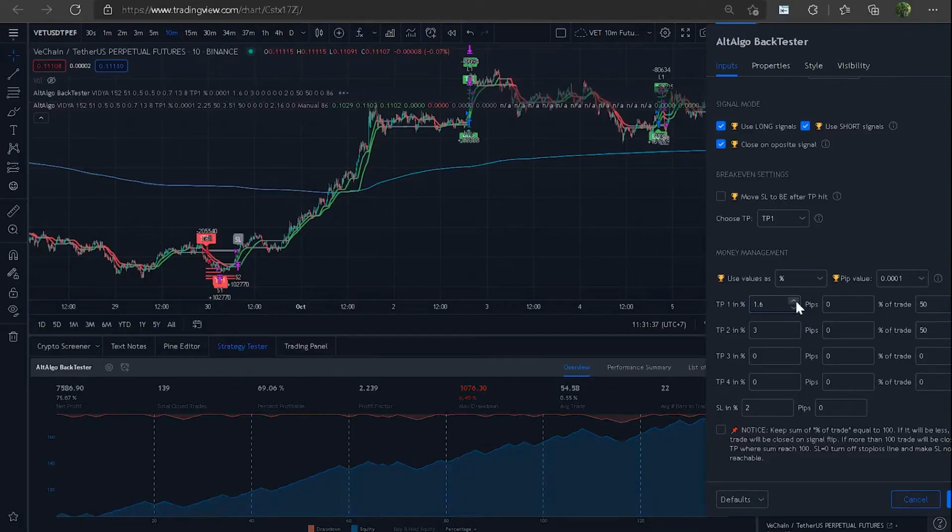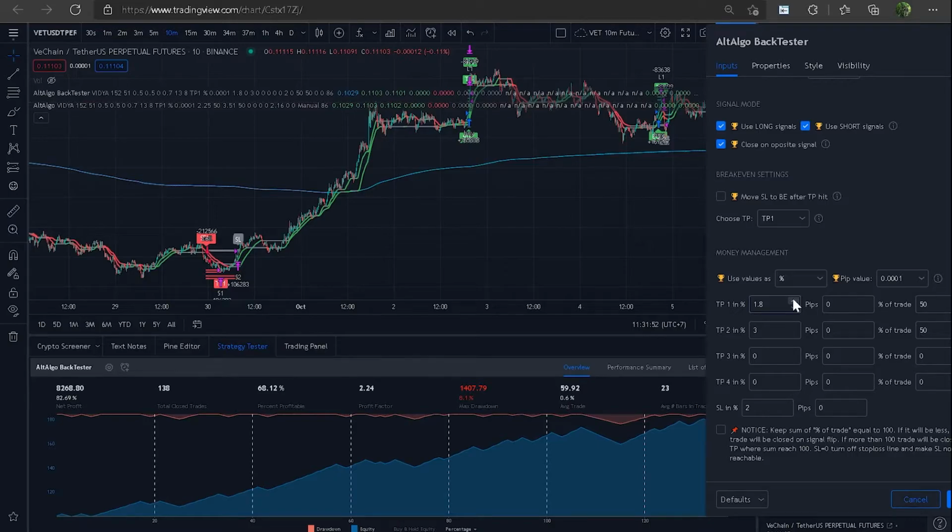Okay, so let's start. 1.6. It's going down a bit, but still acceptable because the net profit has gone up. It's gone down a bit again. It's going down, but the net profit is still going up, so I would say that we could keep going. As long as it's above 60, I would say that it's still decent.